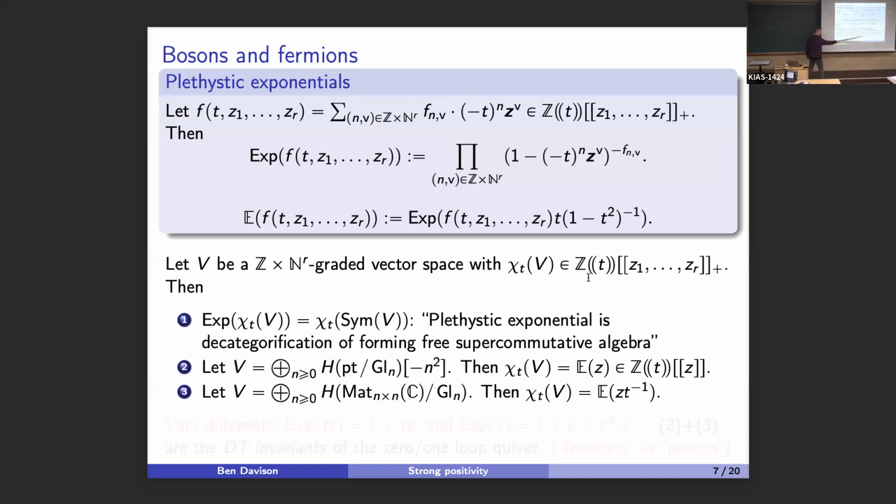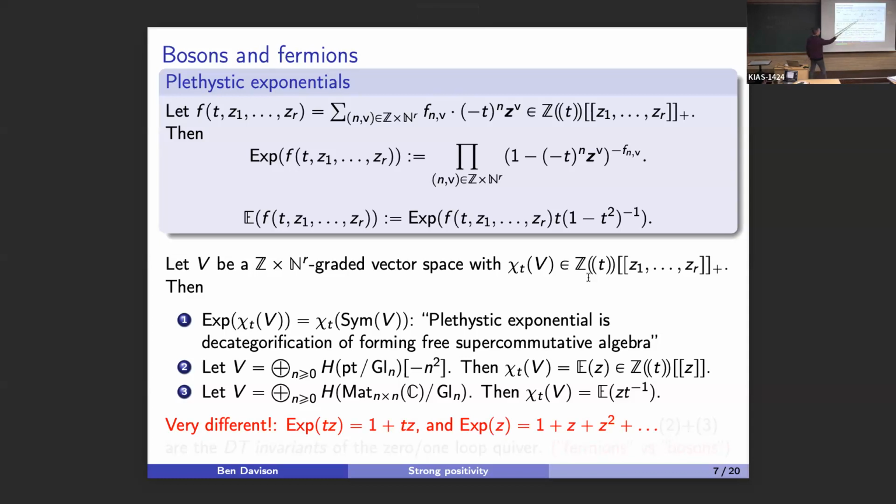But no matter, when I take the characteristic function of this bigraded vector space, again, I get something really simple. I get this Exp, but applied to this very simple formal power series, Z times T inverse.